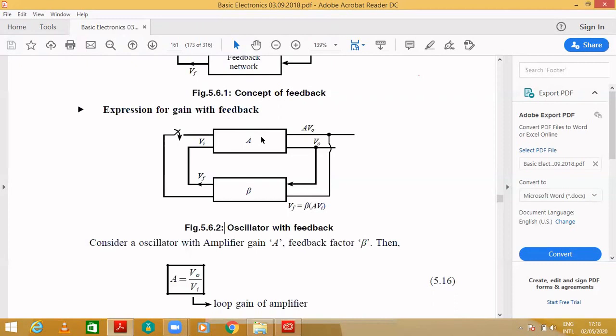You may remember, for example, in the transistor, in order for the transistor to act as an amplifier, we give some DC, plus VCC. Why do we give it? In order to maintain the transistor in a particular region, that is the active region.